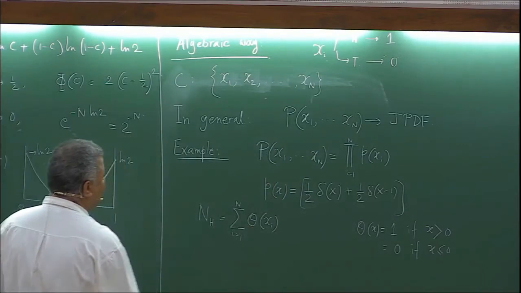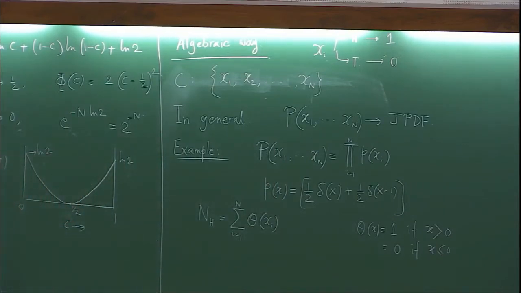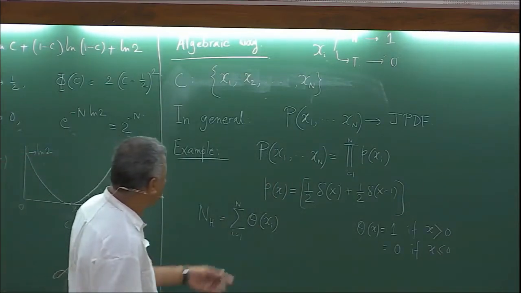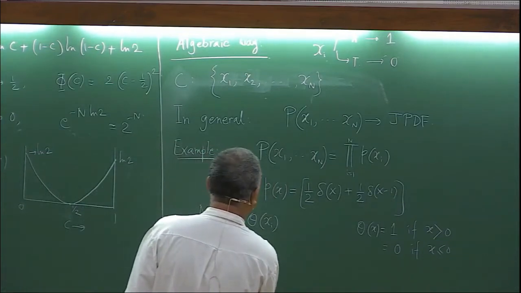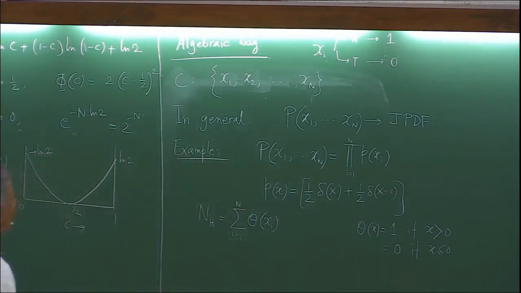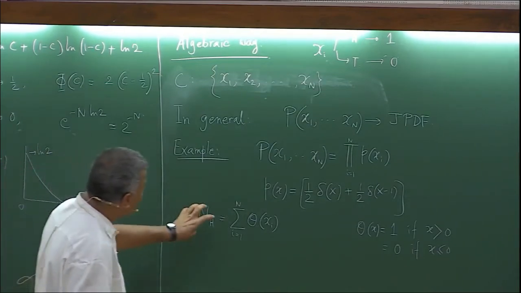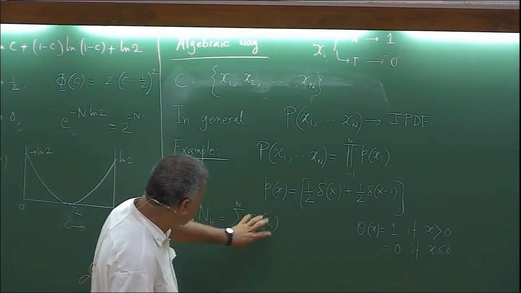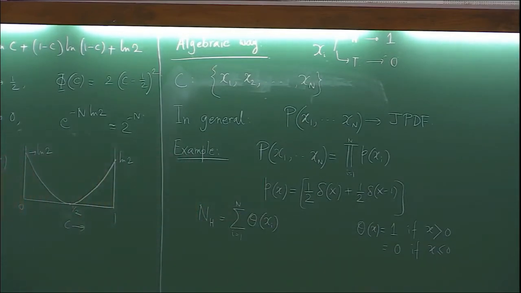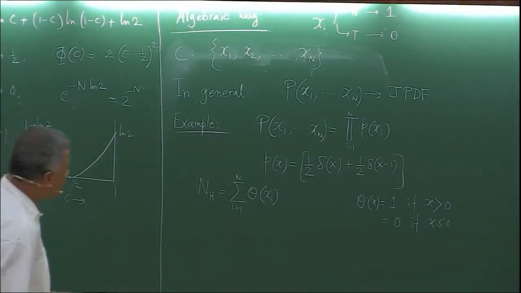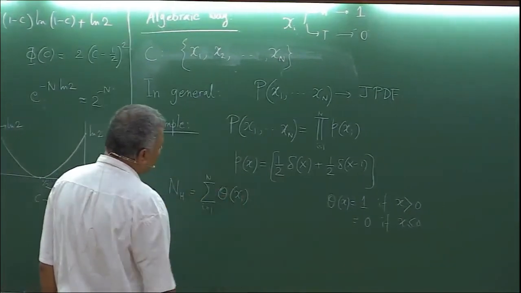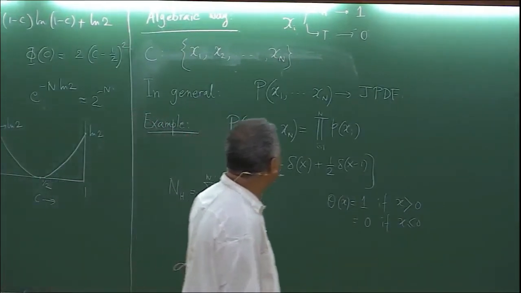So nh just counts the number of heads: whenever xi is positive it counts 1, otherwise it gives you 0. For any given configuration, this is a random variable that gives me the number of heads.